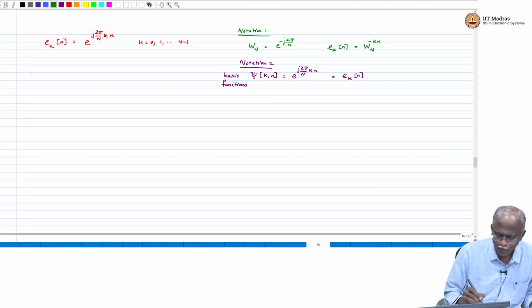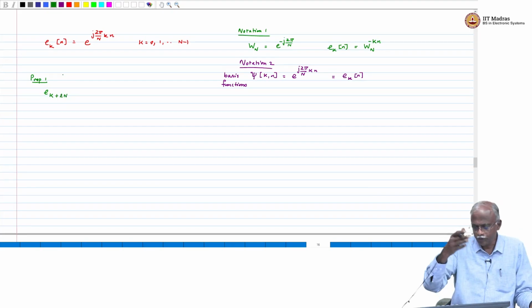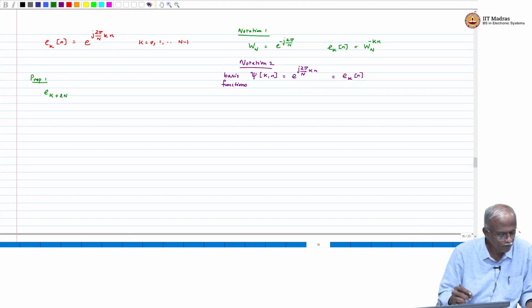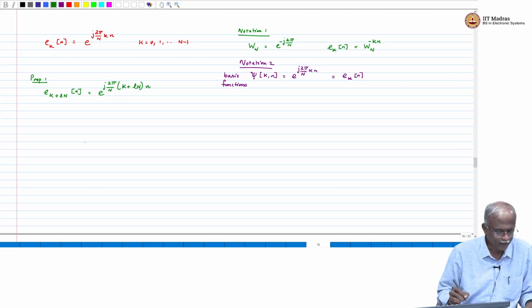Property number one. The first one we see is that these complex exponentials have a periodic nature. E of k plus ln. If you shift k by a multiple of n, what does that sinusoid become? E power j 2 pi by n, instead of k, we have k plus ln, times n.